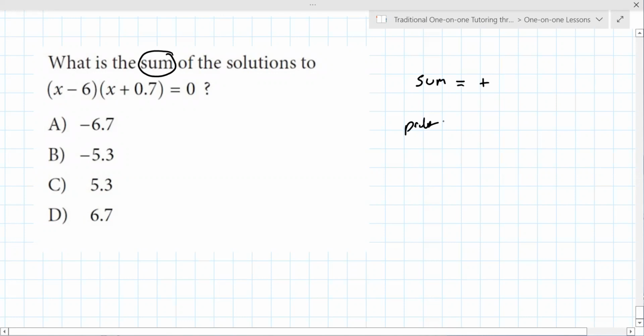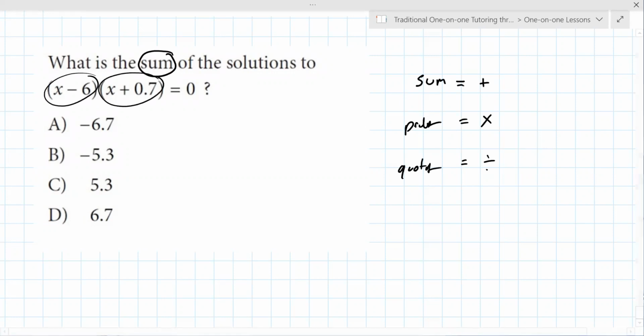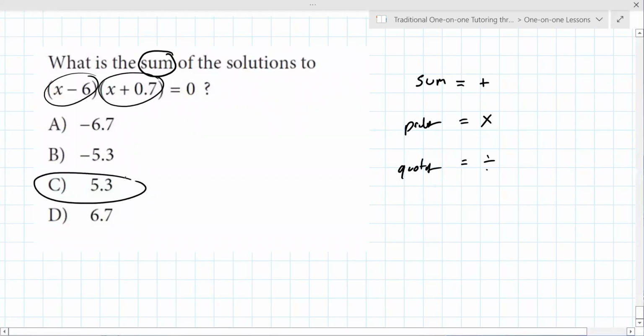Product is multiply. Quotient is division, and so on. Okay. You've got to get the two solutions and then add them together. So 6 and -0.7. Yes, it'd be C. It is C. Yes. All right.